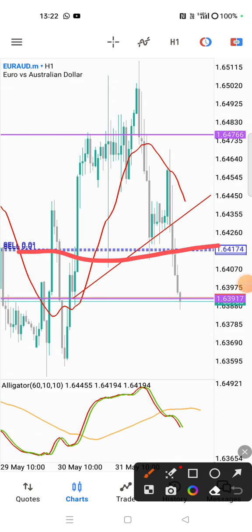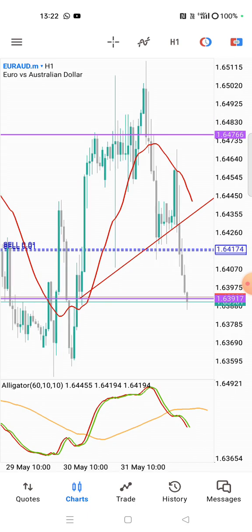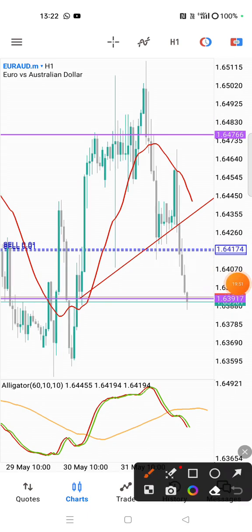I entered here, meaning to say this candlestick hasn't closed yet, but then I already took the trade. It took me another about 10 to 15 minutes, I think. Then after that, it went down. It went all the way down.